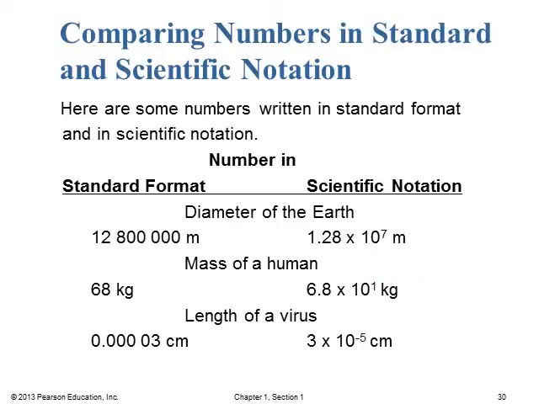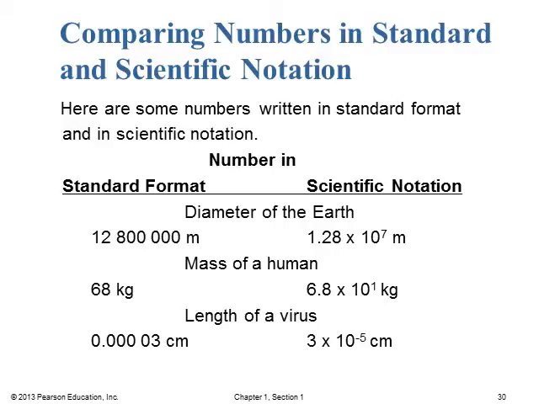Here is a quick comparison showing the differences between the standard way of writing numbers, if you wrote out every single digit, and using scientific notation. You can see in most of these cases that they are much easier on the eye and much shorter when you use scientific notation.